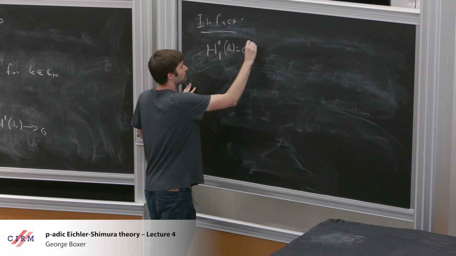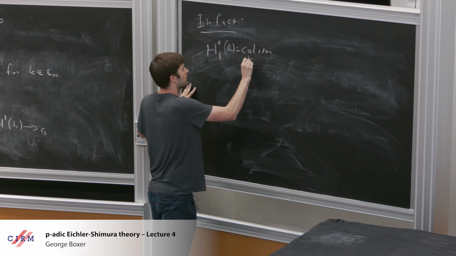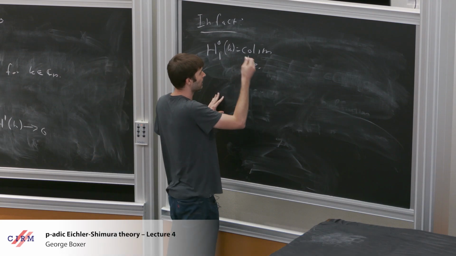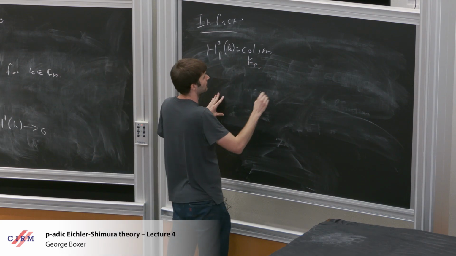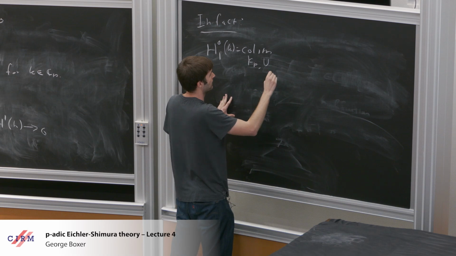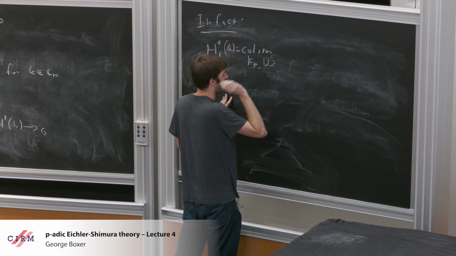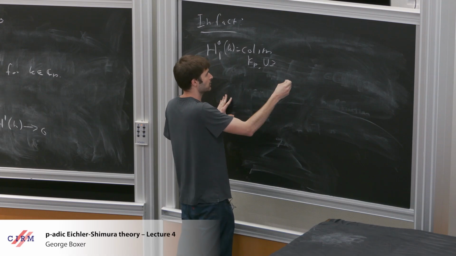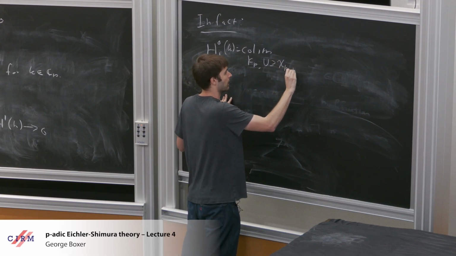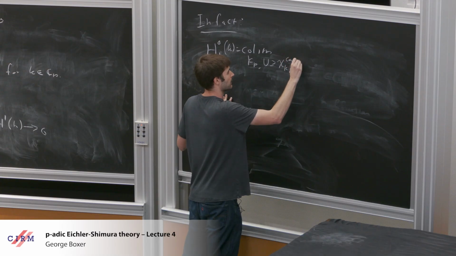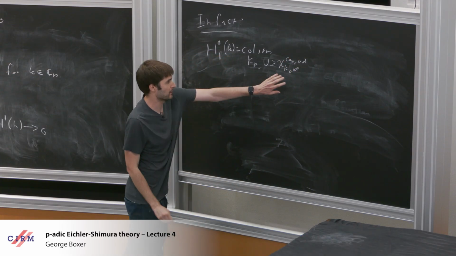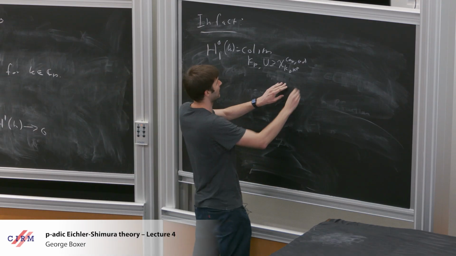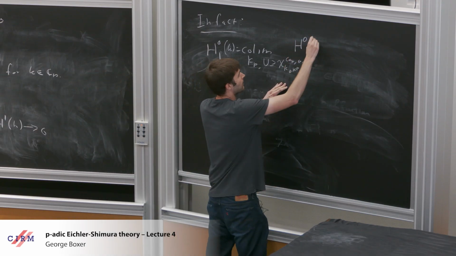It's a colimit over all levels at p, K_p, and all opens U containing what I'm going to call the canonical ordinary locus, which at a particular level was defined in Alice's talk, of the sections on this open.